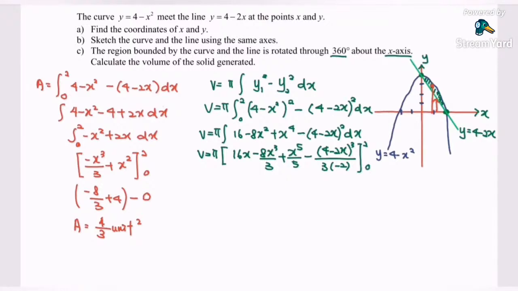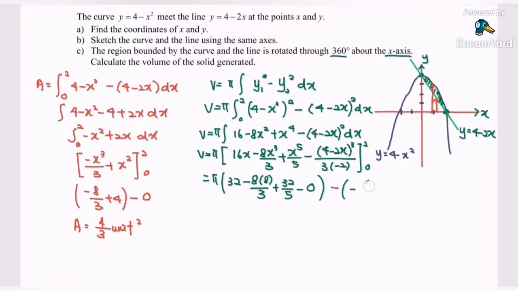Kindly substitute the situation. If we substitute 2, we will obtain 32 minus 8 multiplied with 8 over 3 plus 32 over 5 minus 0. Then minus, if we substitute 0, we will obtain negative 4 to the power of 3.